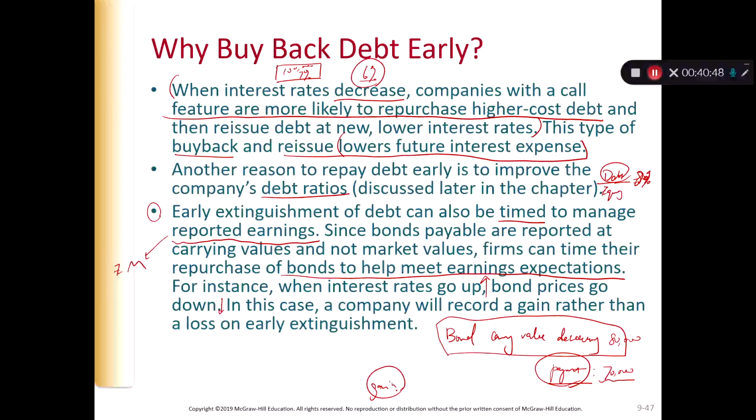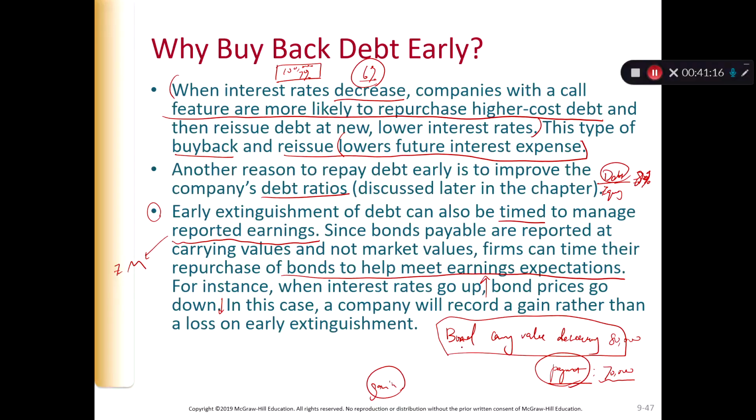And then you'll ask me, why does the bond become cheaper when the interest rate increases? Because when the interest rate increases, investors are more likely to save, right? Or they are more likely to invest with other people who can promise a higher rate than you. Hence, your bond becomes less valuable, becomes cheaper.